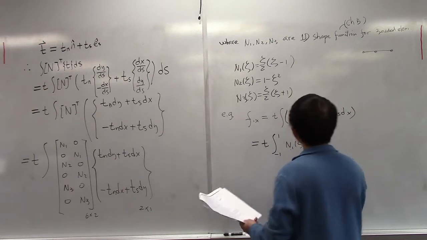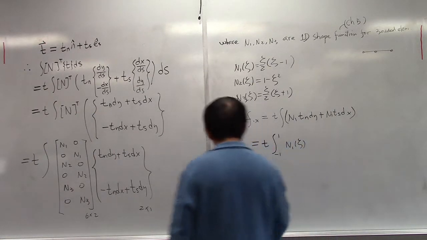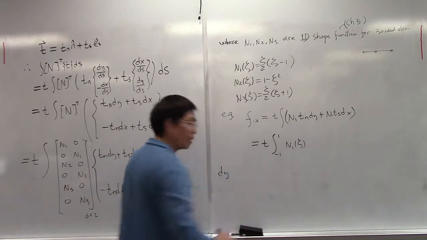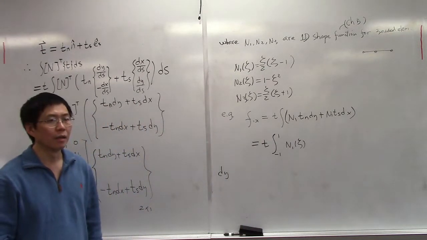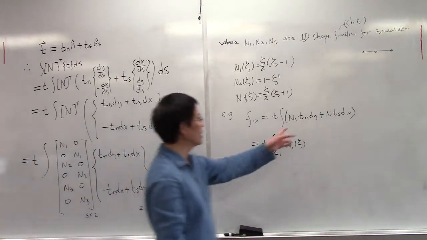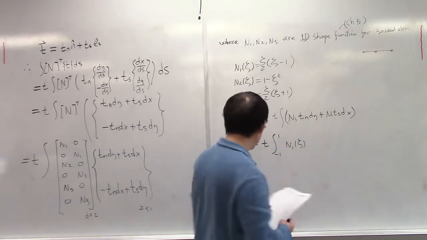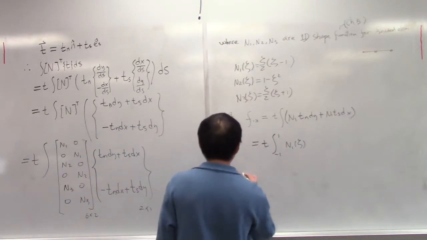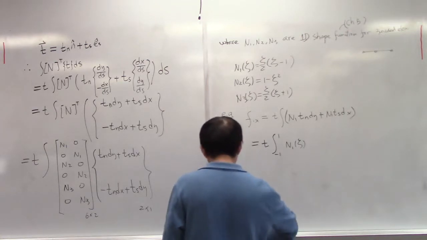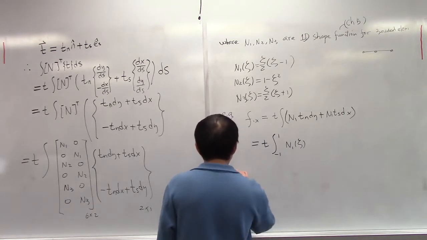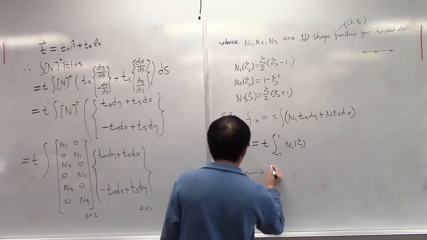Okay, I have to explain one more thing: dy. How do you do dy? We transform this into natural coordinates, right? Well, we will map that again. What is the relationship between y and theta?